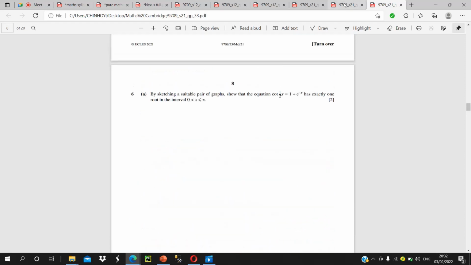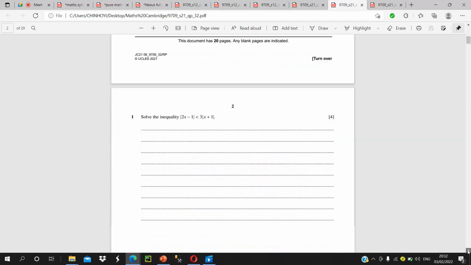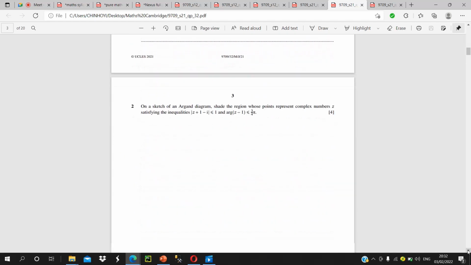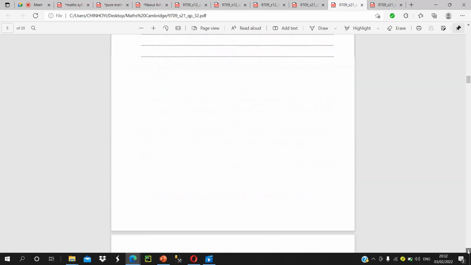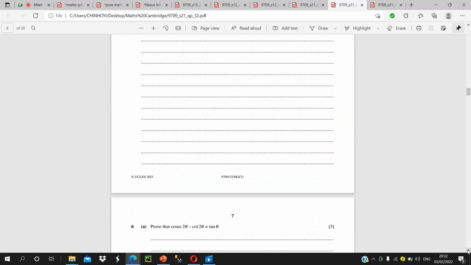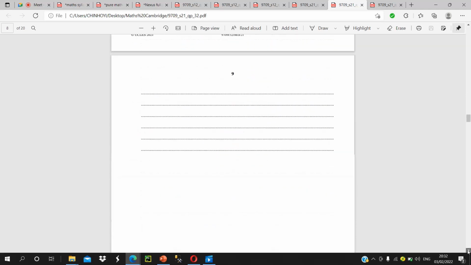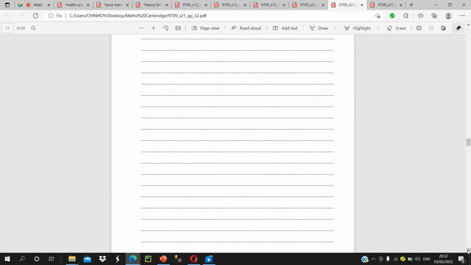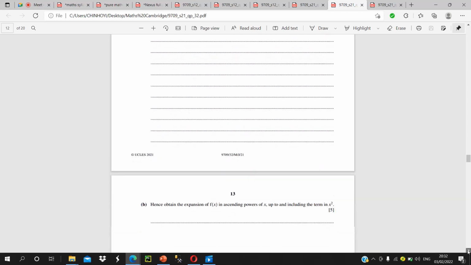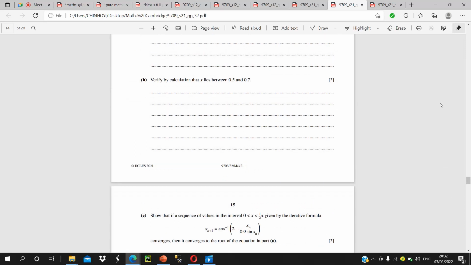Let's try to see this paper again and see which one is easier to start with.